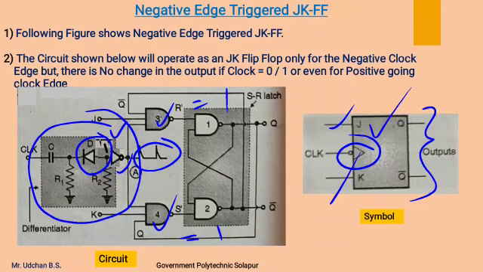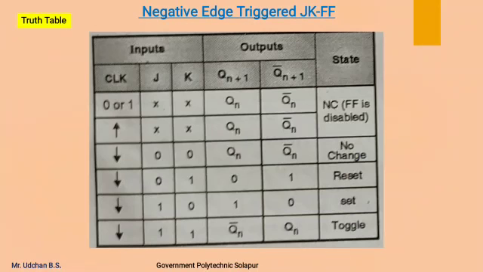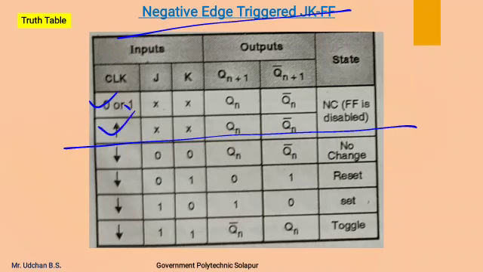As this flip flop is negative edge triggered, it is going to respond only to the negative edges of the clock pulse. It will never respond to the negative level of the clock pulse, the positive level of the clock pulse, and the positive edge of the clock pulse. So with respect to that, this is the truth table of the negative edge triggered JK flip flop. Now these are the conditions where the clock is at negative level, positive level, or the clock's positive edge.